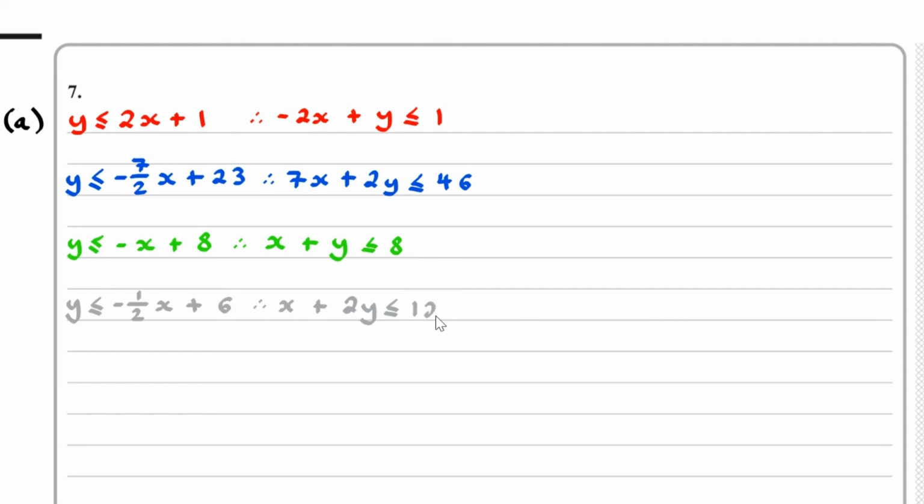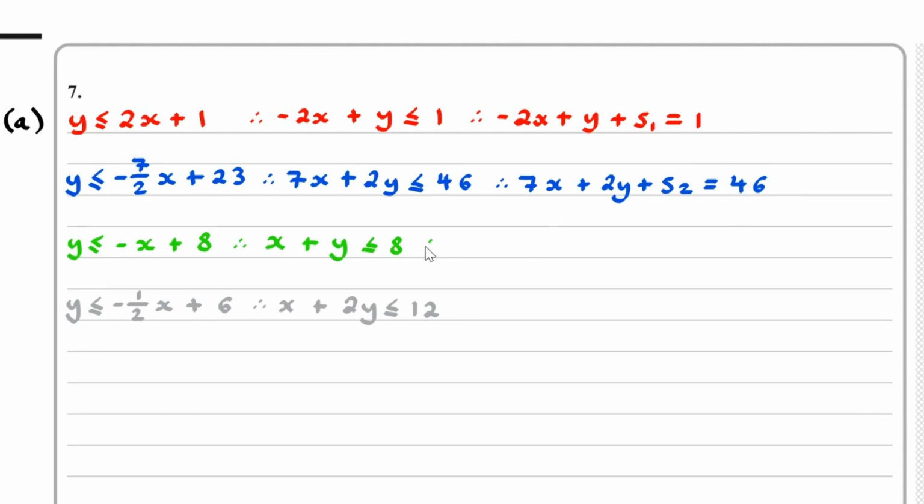So, if we were to write each of these as equations, well, here we've got minus 2x plus y plus s1 equals 1. Here we've got 7x plus 2y plus s2 equals 46.